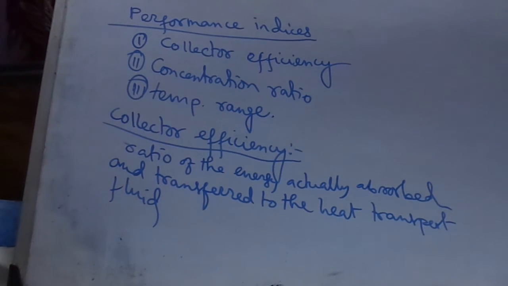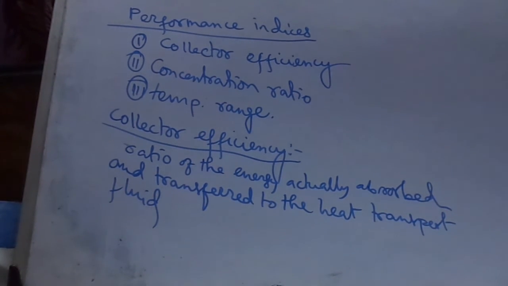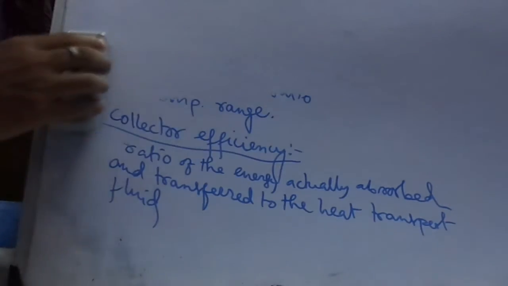Second one is the concentration ratio, CR. The concentration ratio is the ratio of the area of the aperture of the system to the area of the receiver.